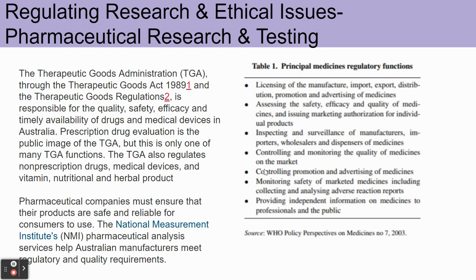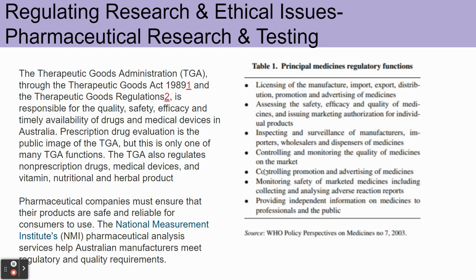The next has got to do with research and ethical issues in pharmaceutical research and testing. So in Australia, all pharmaceutical goods are regulated by the TGA, the Therapeutic Goods Administration, and their most recent act is the 1989 version.